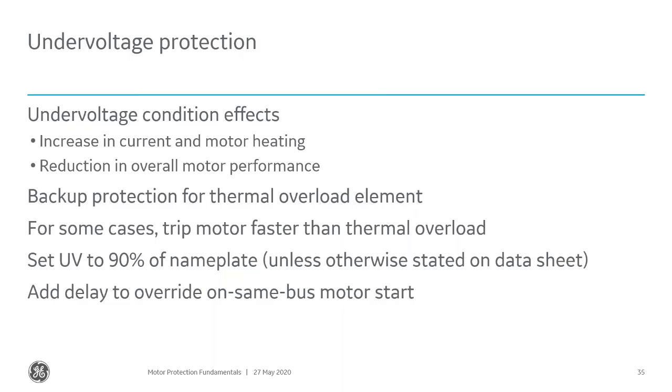If you've got a big ID fan that takes 15 seconds to start, then we need to coordinate the undervoltage time delay with that big ID fan. So it may take 15 seconds. Now that's an eternity in the protection world, but still, it's a backup to the thermal overload element, which might take minutes to operate for that same undervoltage condition.